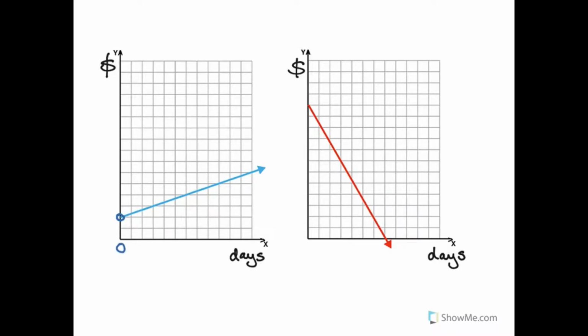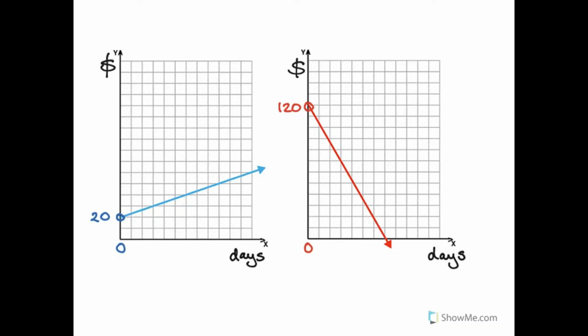days. For this first blue graph, that starting point is 20, and that means when we started keeping track of the price of the stock, it cost $20. On the red graph, the starting point way up here corresponds to $120. When we started keeping track at 0 days, the stock cost $120.